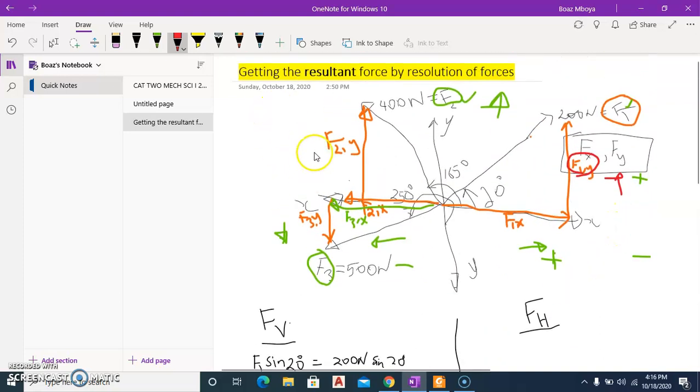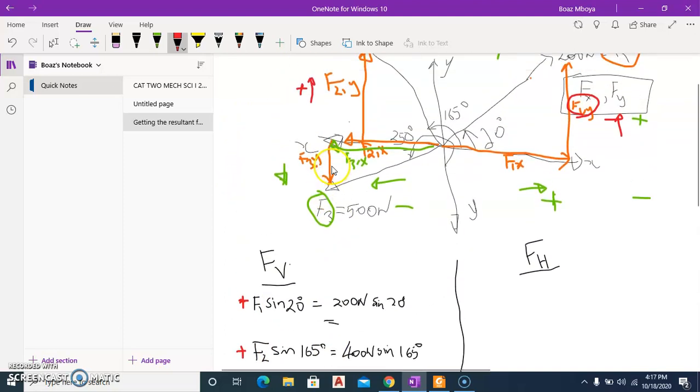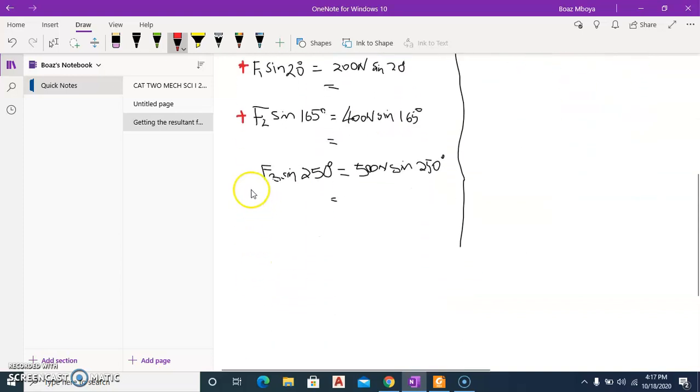And F2 in the vertical direction is also positive, okay? Now let's look at F3. So F3 is downwards, and we say all forces that are pointing downwards are negative. So we put it negative.